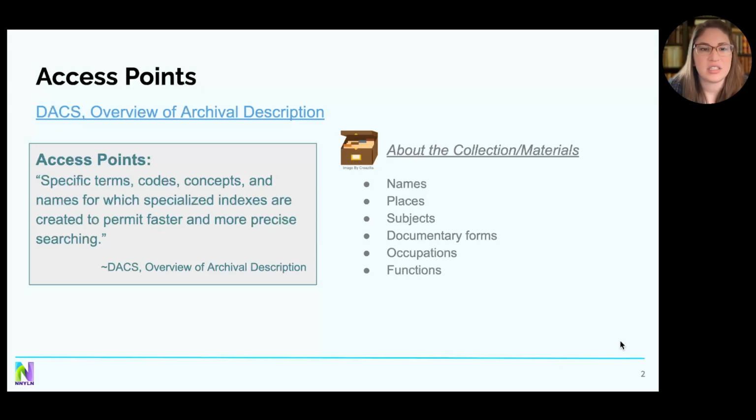That's why access points, especially in the digital world, become extra important. Using that standardized vocabulary, that same formatted word every single time, makes sure we get complete results so that we can work with our materials to maintain them, maybe pull items for exhibits, but also have researchers find and discover our materials.